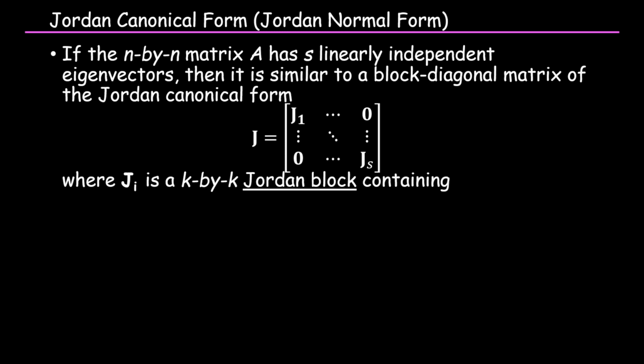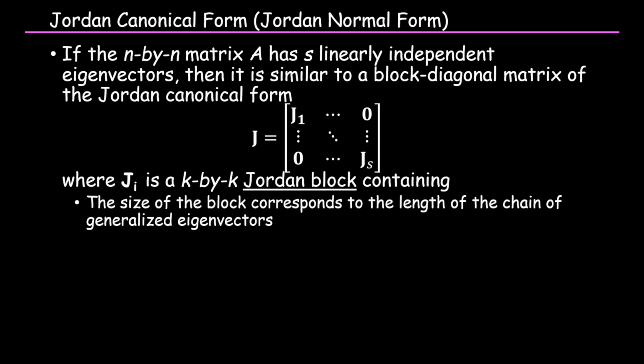And so if the n by n matrix A has s linearly independent eigenvectors, then it is similar to a block diagonal matrix of Jordan Canonical Form, such that J is equal to the matrix shown, where the main diagonals are Jordan blocks, that are k by k, and contain the eigenvalue.